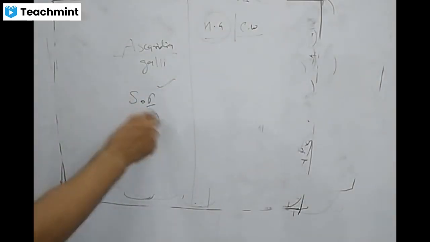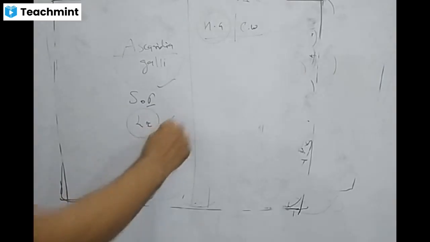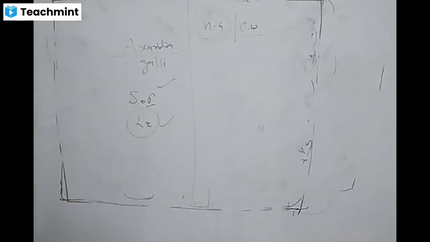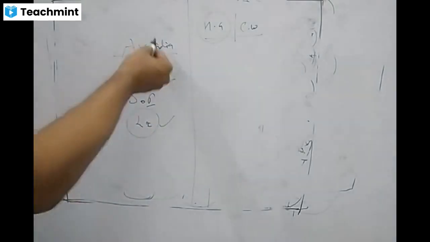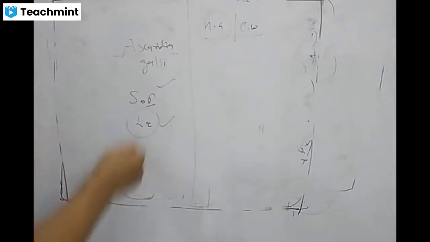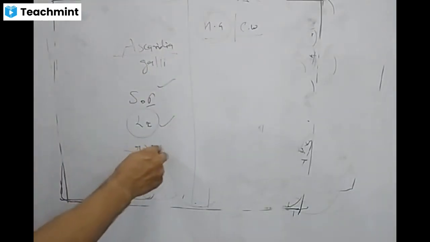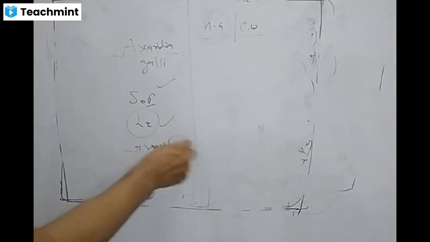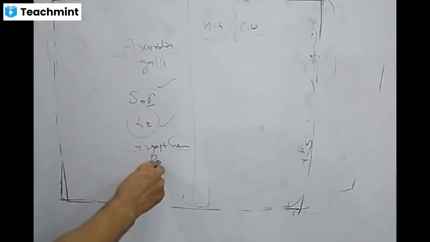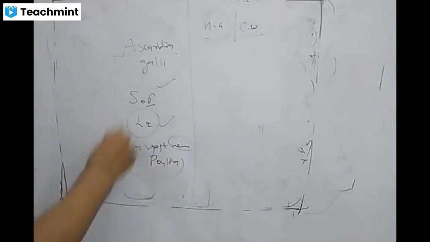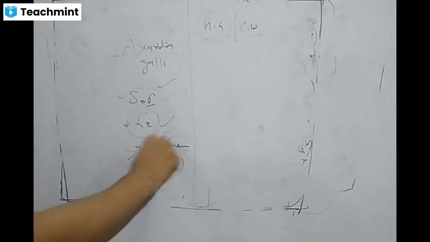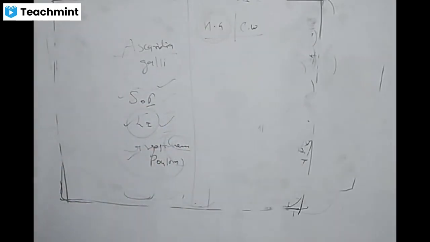In case of Ascaris, L2 was the infective stage. Again, L2 is the infective stage. Then Ascaris was the largest nematode. It is also the largest nematode, but that was of pig, and this is of poultry. So these three things are similar to Ascaris: your small intestine, your L2, and your largest form of poultry.